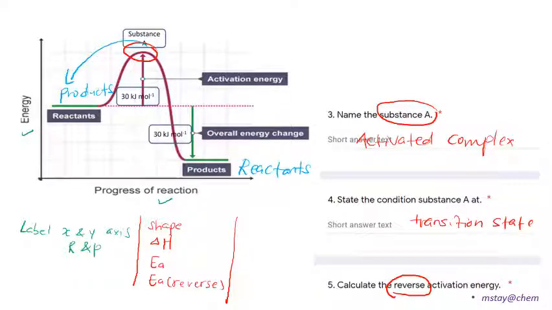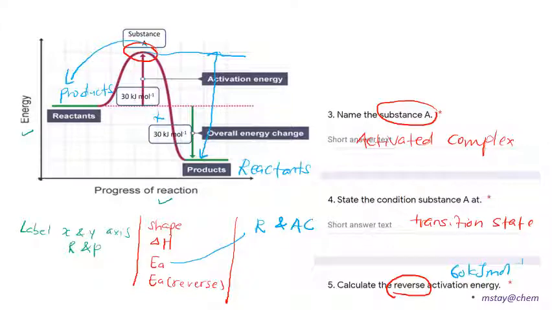The activation energy is the distance between the reactant and the activated complex. So for the reverse activation energy, it is from the reactant here until the peak here. So totaling up, this is 30 plus 30, which equals 60 kilojoule per mole.